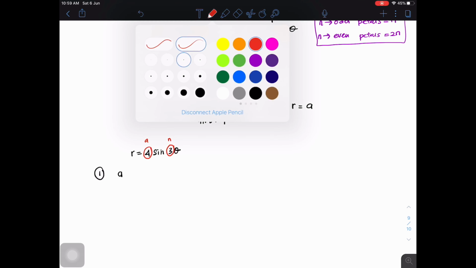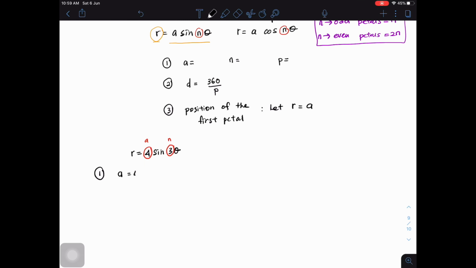Because the value of n here is odd, the number of petals that you have will be n, so p is equal to 3. If n is even, the number of petals is n times 2.